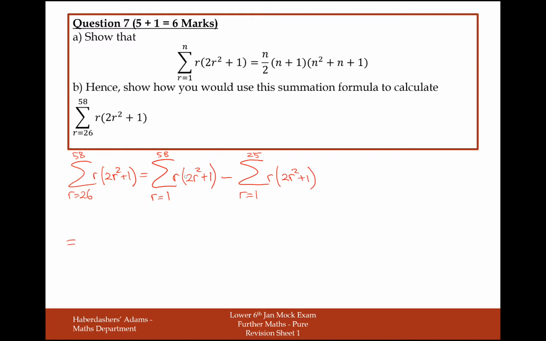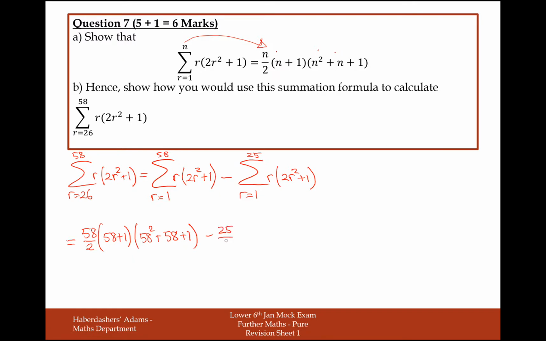So what do I get here? I need to substitute 58 into the formula here in 3 parts. So for my formula for the first bit, it's going to be 58 over 2, bracket 58 plus 1, bracket 58 squared plus 58 plus 1, and then subtract 25 substituted into this formula.